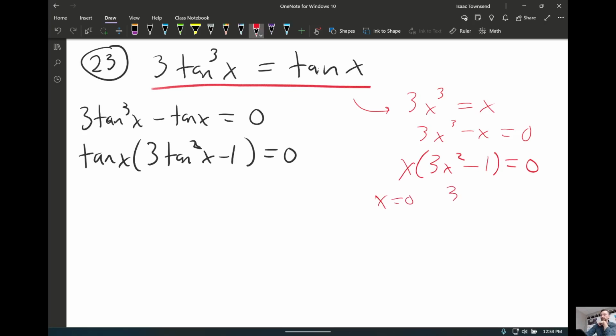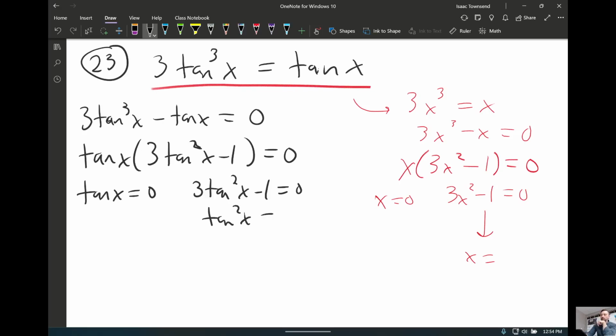It's already solved. I could also set this factor equal to 0 and solve. So I'll do the same thing over here. This would be where tangent is 0, and also where 3 tangent squared minus 1 is 0.